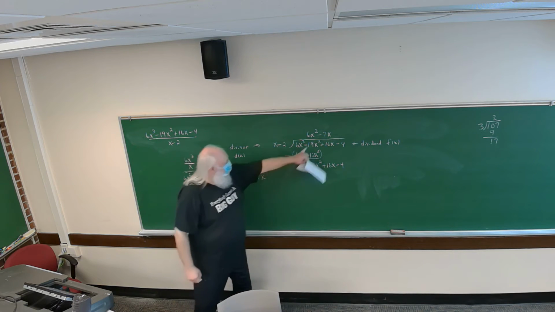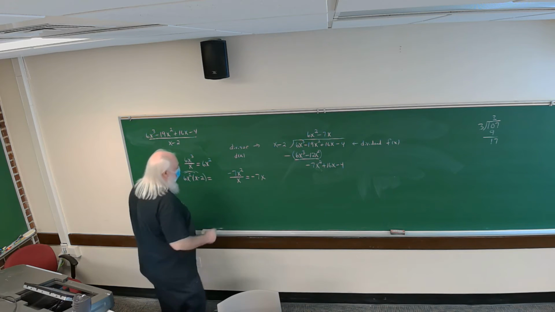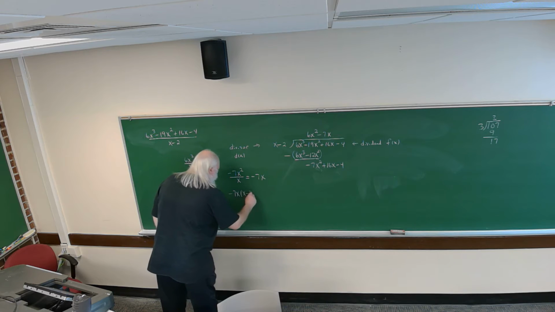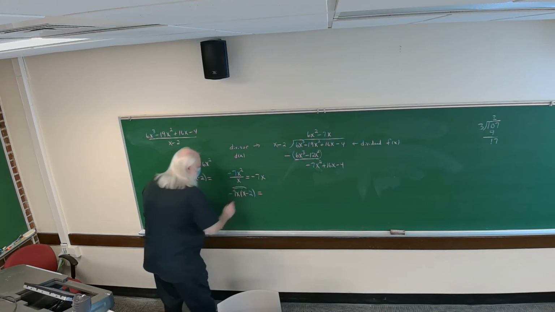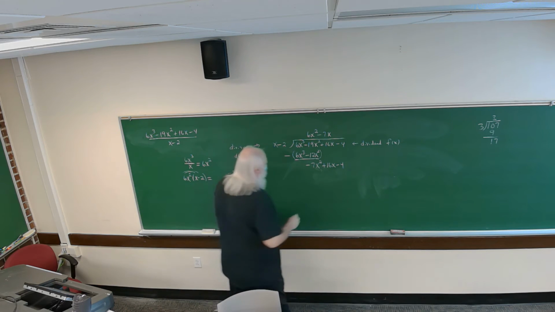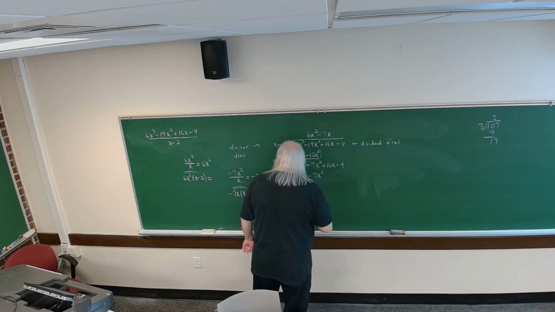Now you have to multiply minus 7x times x minus 2. You distribute the minus 7x inside the parentheses. You have minus 7x squared plus 14x.